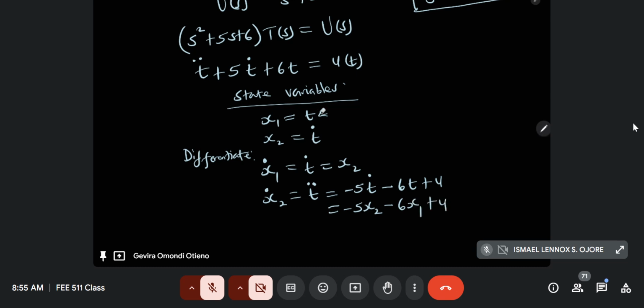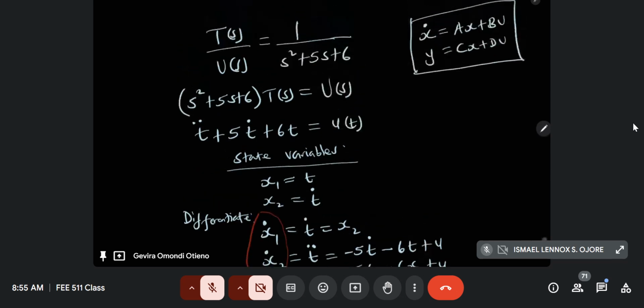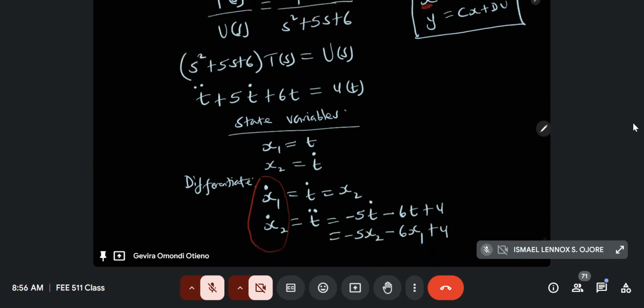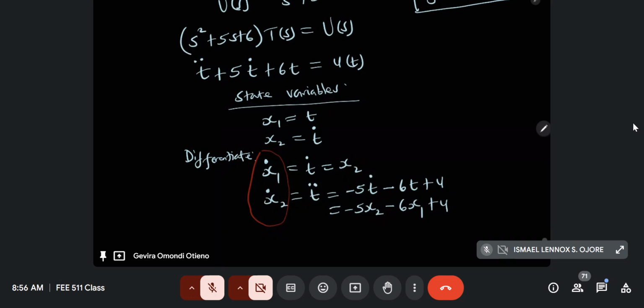Okay, so that clearly means now, you see I have an equation where on the left-hand side I have x1 dot, x2 dot. And on the right-hand side, I have the equations. So this is catered for. On the right-hand side, you just need equations in terms of x and u. And that's what I also have on the right-hand side.